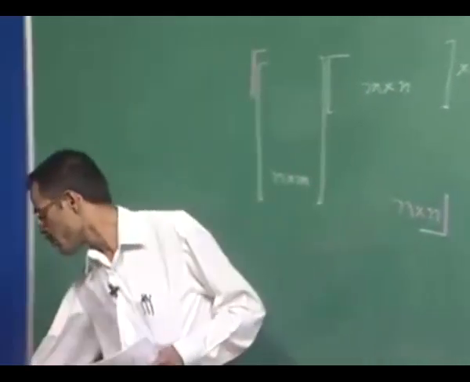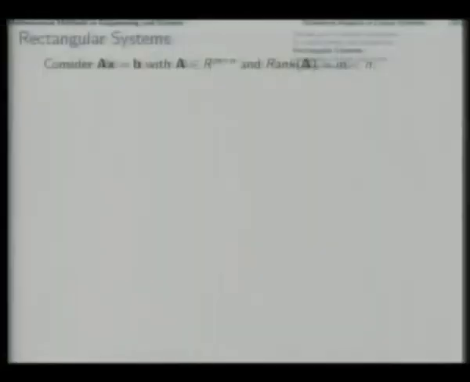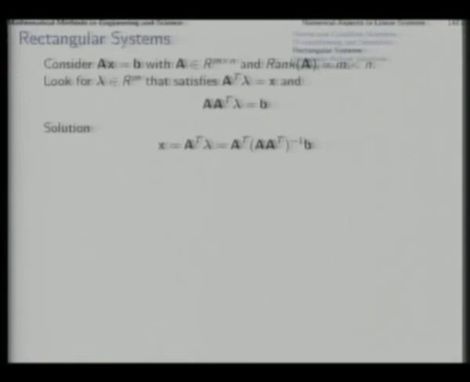So, what to do? You apply a different trick in this case. What you must do here is not to pre-multiply with A transpose, but you look for a vector lambda, an m dimensional vector lambda, that satisfies A transpose lambda equal to x.